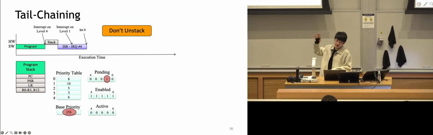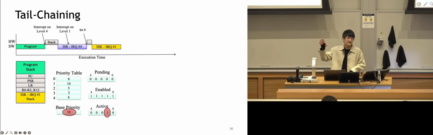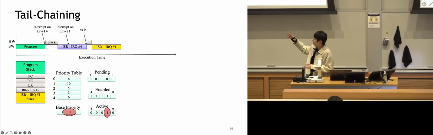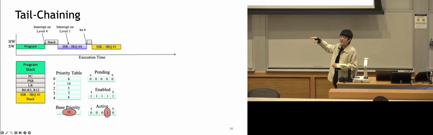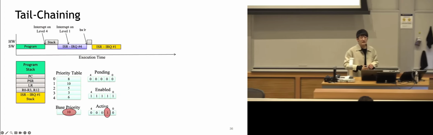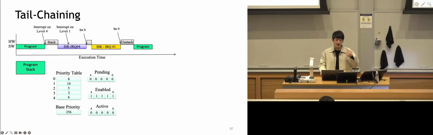So it will not do the unstacking from the stack. It will directly go into executing the next interrupt waiting in line. And then, just like before, it will have the base priority updated to the current interrupt's priority, as well as have the active bit on for the corresponding interrupt. After that, it does one unstacking and then goes back to the main program. Is this clear?